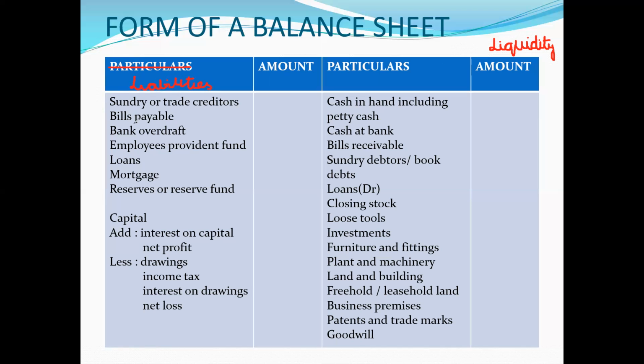Bills payable, bank overdraft, employee provident fund. And you see, slowly and gradually हम current liabilities से long term liabilities की तरफ move कर रहे हैं. That is your employee provident fund, then loans, mortgage, reserves or reserve fund, and finally the most permanent figure which is there in the balance sheet is capital.